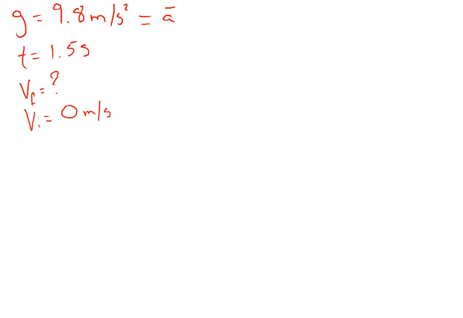The other assumption we can make is that this is in free fall, and so the only outside force acting on this ride is going to be the free fall acceleration, or an acceleration of 9.8 meters per second squared. So this gives us all of our given information, knowing that we want to find the final velocity.